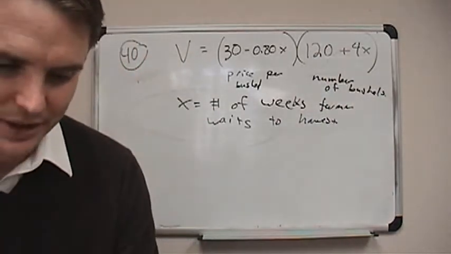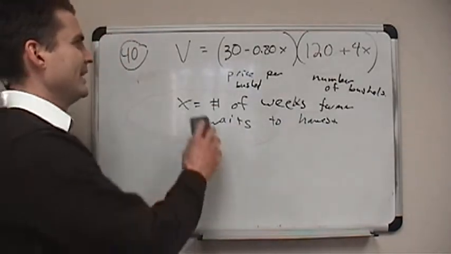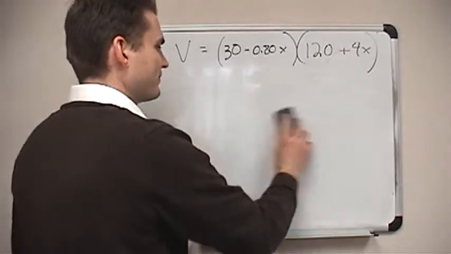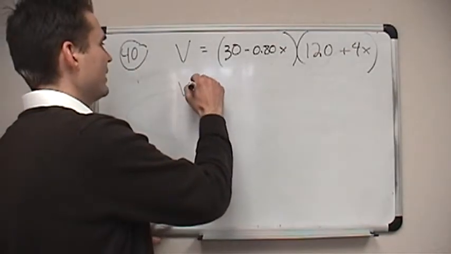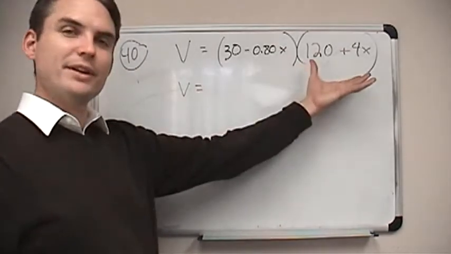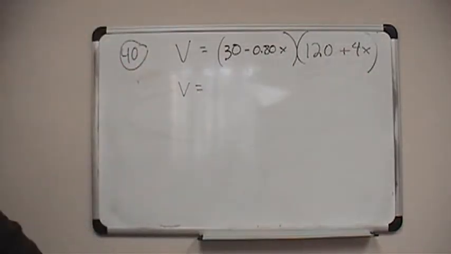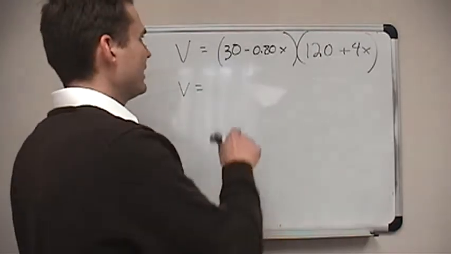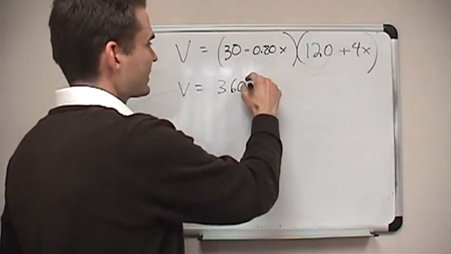Okay, so what happens here? Well, now we need to deal with the function. We've got a function. We want to figure out what value of x maximizes this function. So the value of the crop is given as a product. Probably should go ahead and multiply these things together and simplify the function a little bit. 30 times 120, that's 3,600.